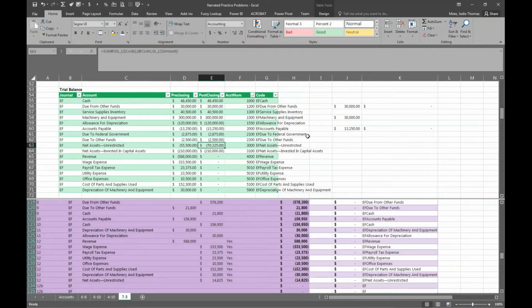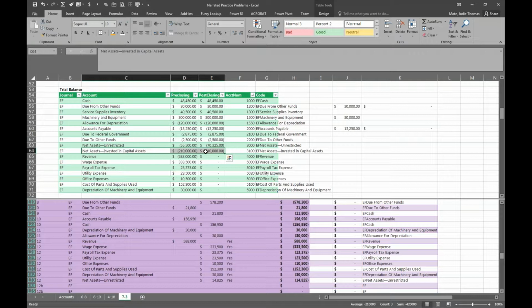All right, so there's one more thing that you have to do in both the city project that you're working through for the semester as well as on this problem. And that is, you notice this account here for net assets invested in capital assets.